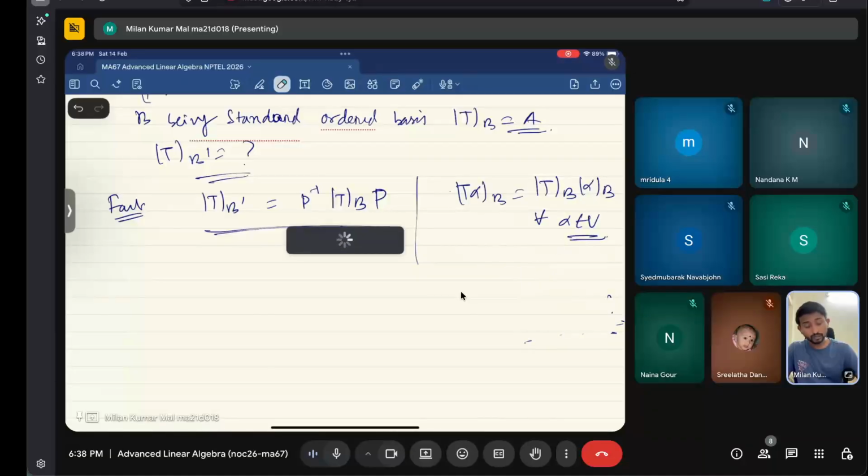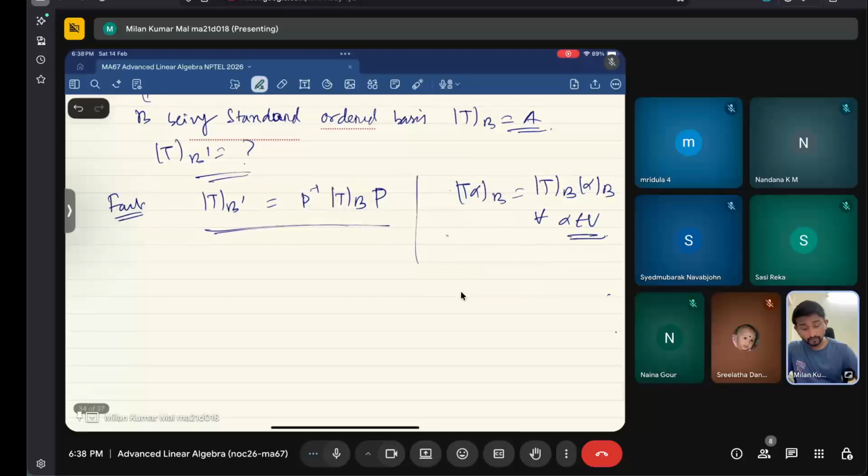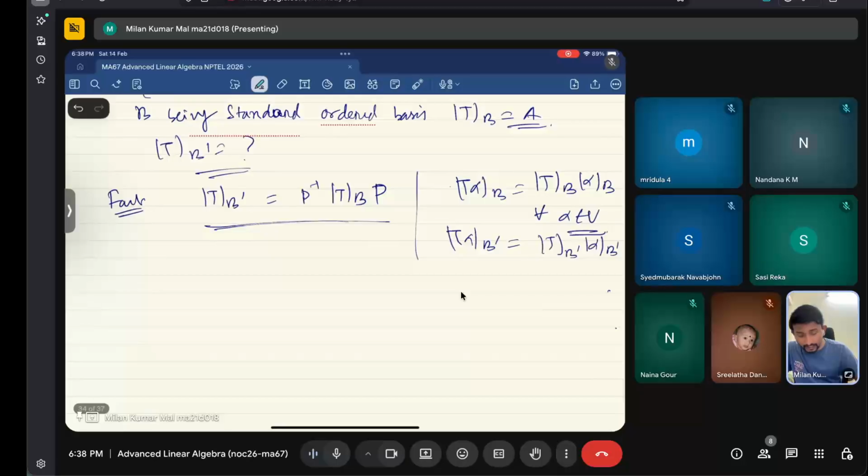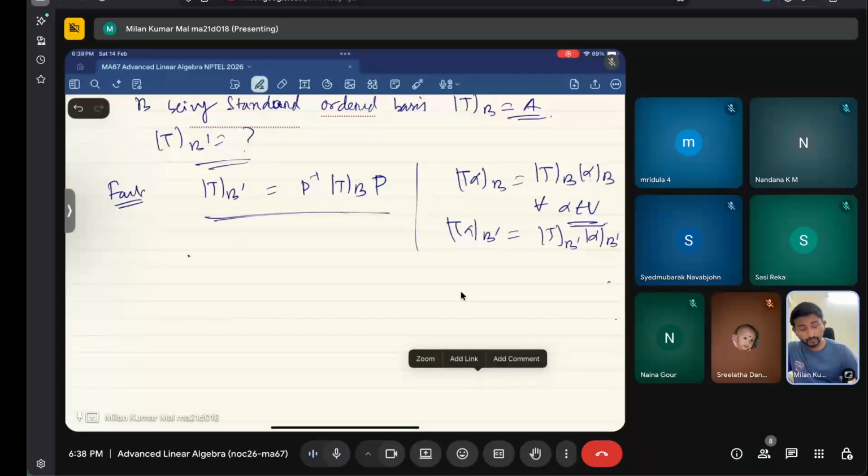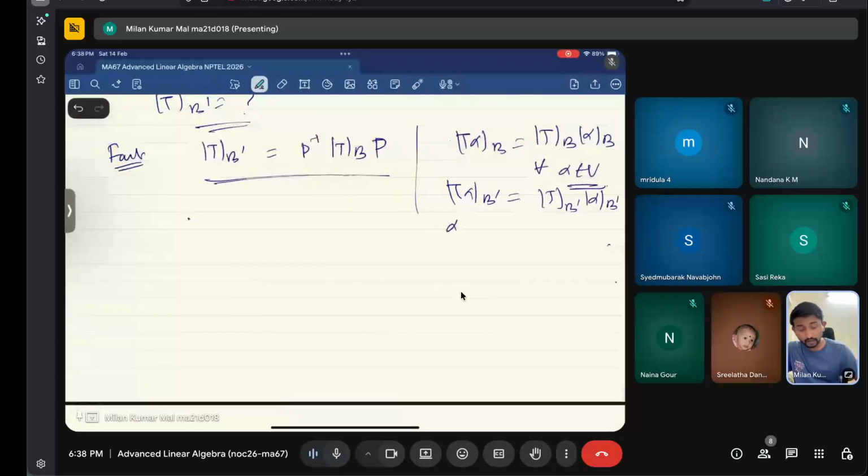In particular, T alpha with respect to another ordered basis B dash is the matrix representation T B dash applied to alpha B dash. But also we know that for any vector alpha, alpha with respect to B is equal to P into alpha with respect to B dash.